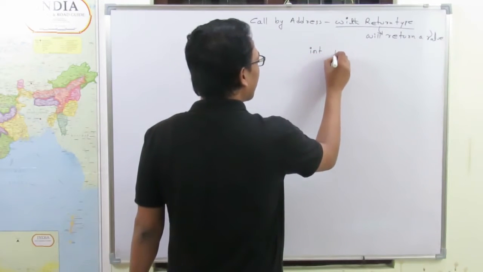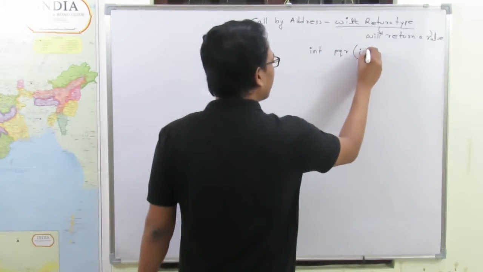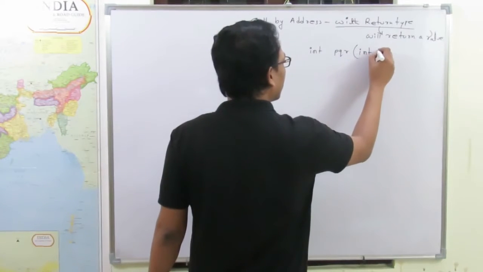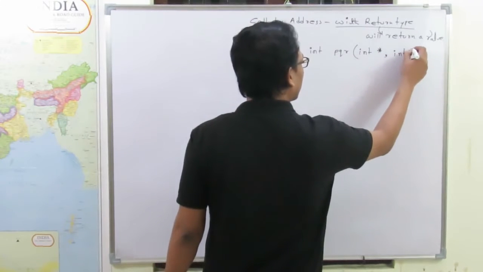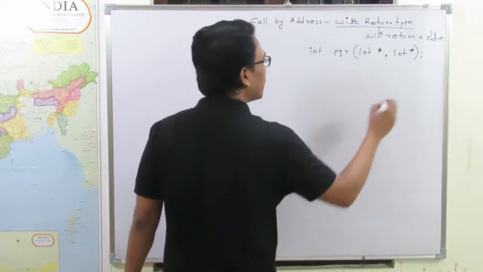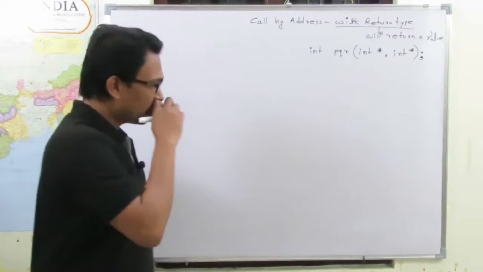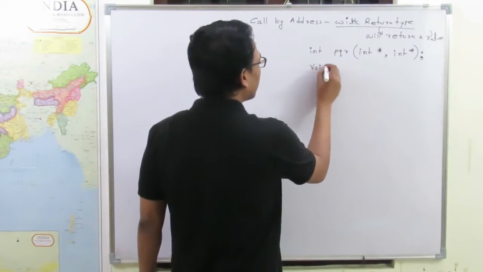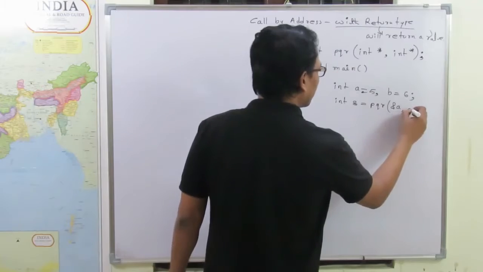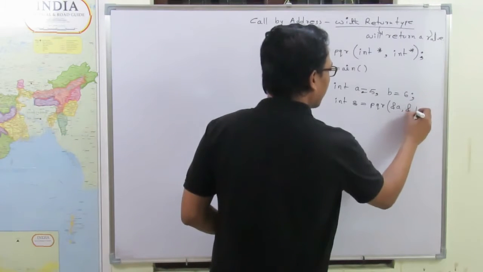So, int pqr(int *, int *). This is our signature or prototype of the user defined function. Then the entry point function, pqr(&A, &B).